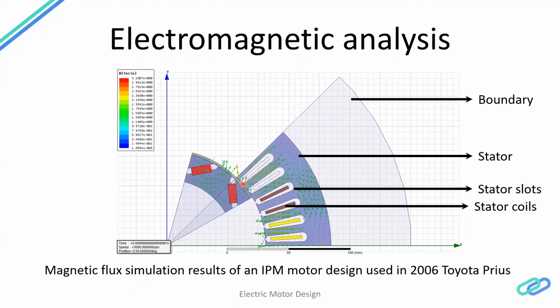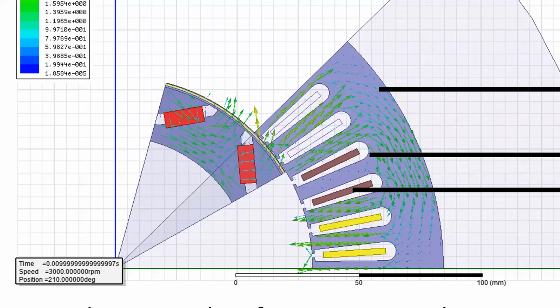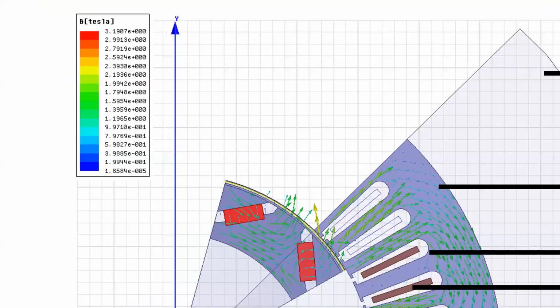These coils are aligned in such a way that this would go in and this would come out, so that would generate an electromagnetic field. Your magnets are aligned such that they have north and south poles that generate a field that interacts with the stator magnetic field. You can see the arrows. That's your magnetic flux right there, and then you can see the actual value in Tesla.